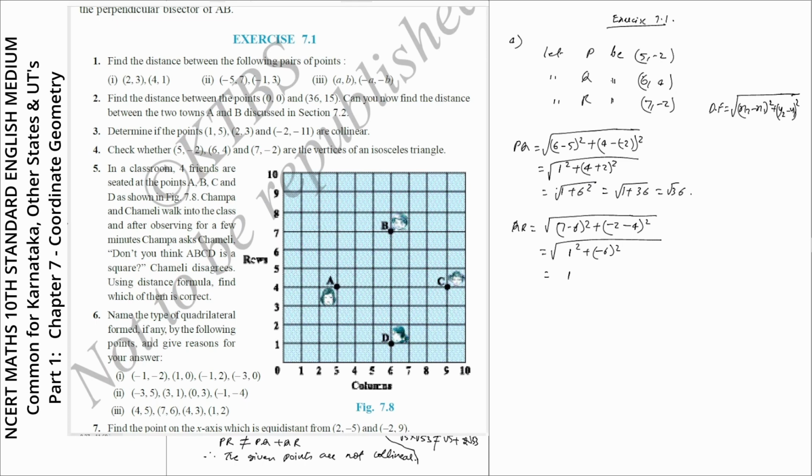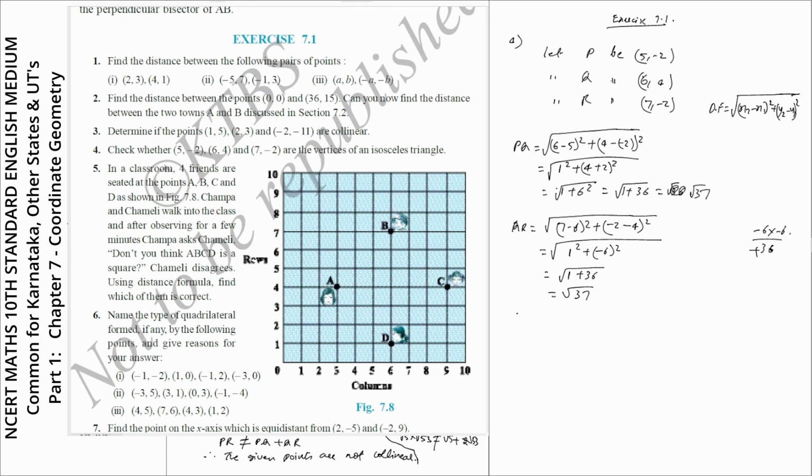Minus 6 into minus 6 is 36. So I'll get plus 36, so again this is 37. Sorry, here QR is square root of 37.